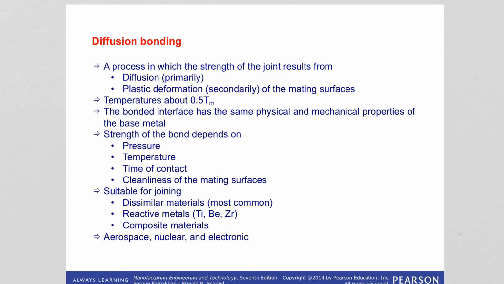There is plastic deformation that happens, but the principal bonding mechanism is atomic diffusion. Temperatures are well below the melting points of the metals, like 0.5 times the melting temperature.